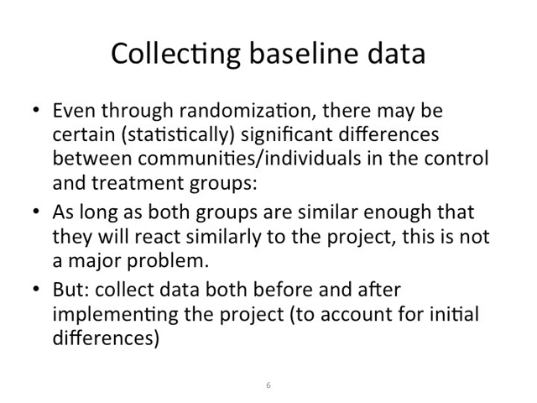You just need to take these initial differences into account when you do the final analysis. We will talk about the analysis elsewhere, but the main lesson is to collect the data even before the project actually begins, so that it's possible to account for these pre-existing differences between the control and treatment groups.